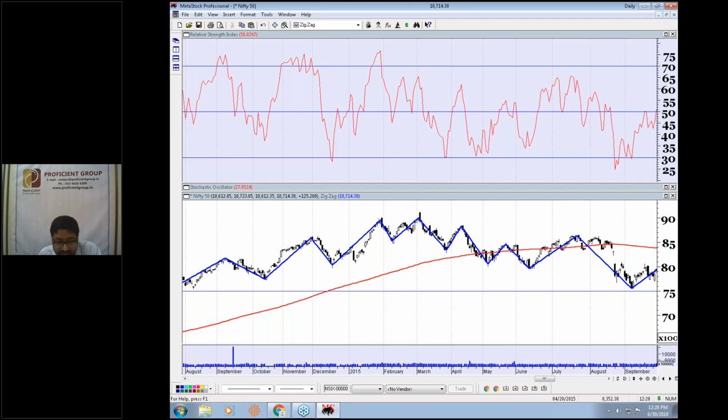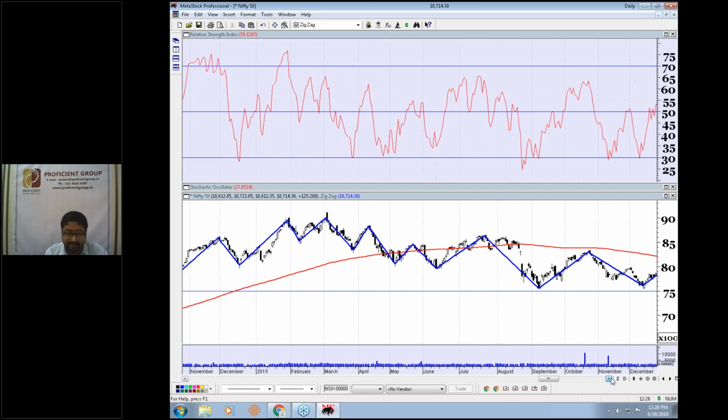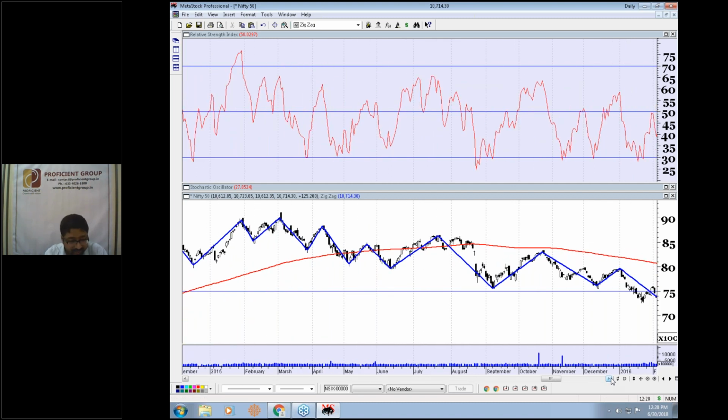Next, what will happen is that prices will come below the 200-day moving averages, which happened here in May, some 1 month later, and prices kept on making lower tops, lower bottoms, and prices kept continuing below the 200-day moving average. And as you can see, this was the famous bear market of 2015.